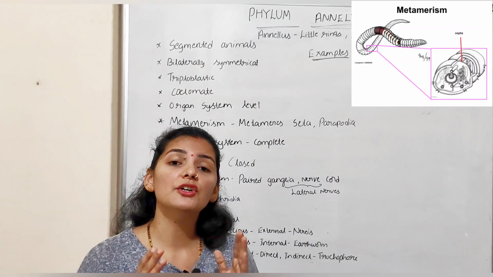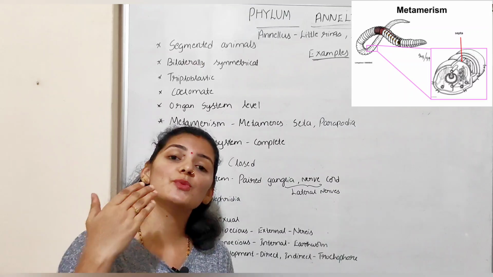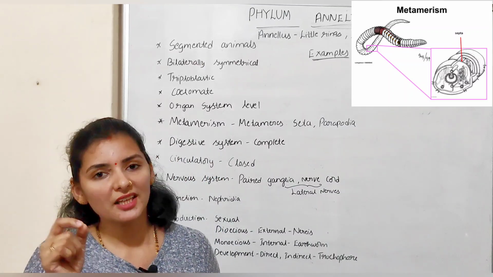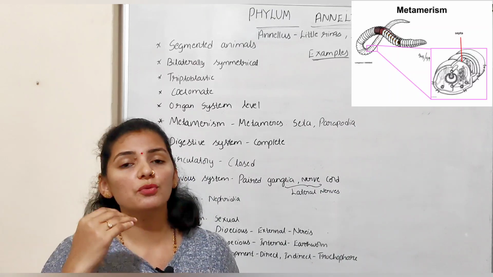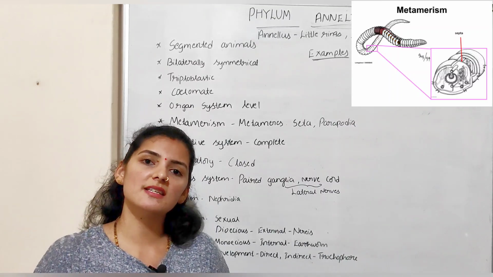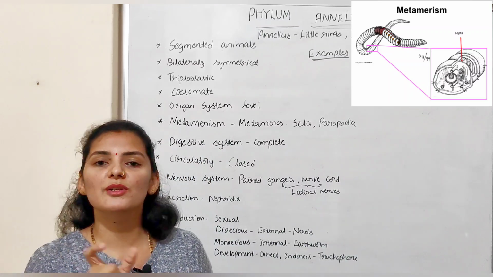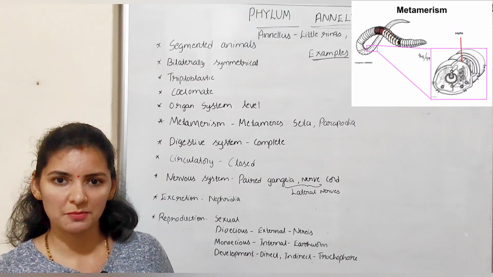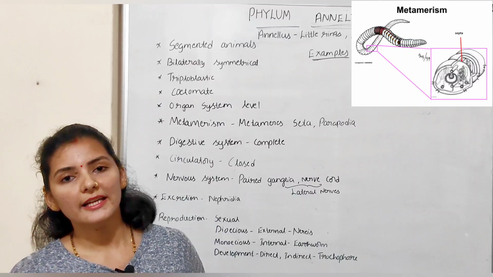And these segments are true segments, meaning you can see these segments both inside as well as outside the body. Externally, each segment is separated by a small groove, whereas from inside, each segment is separated by a transverse septum. That's why they show true segmentation, because segmentation is present both externally as well as internally.